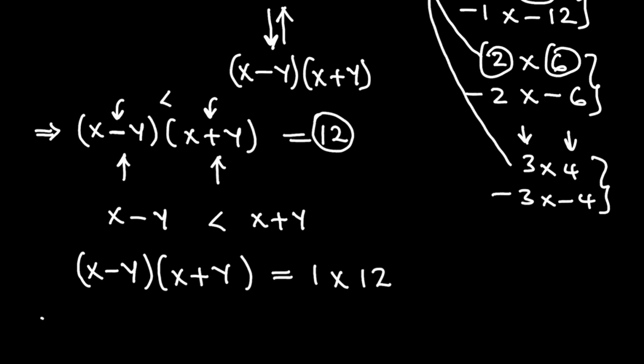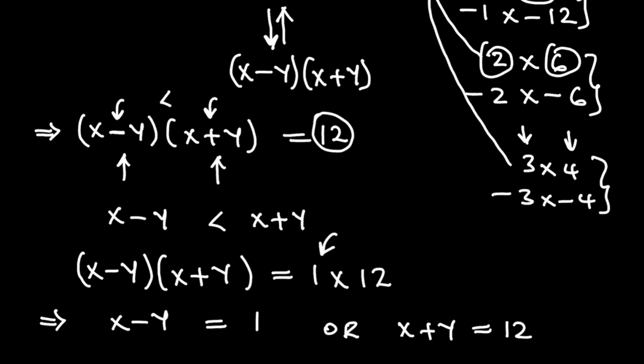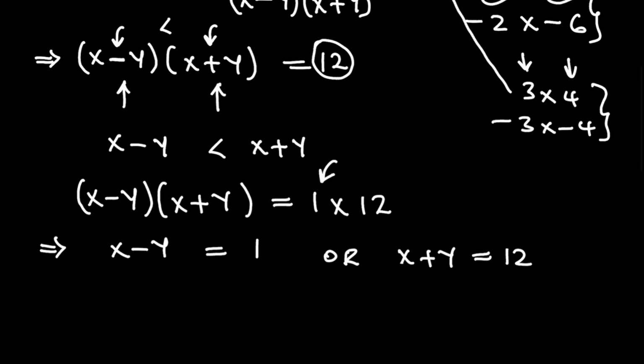So like we said, this will imply that x minus y is equal to 1, or x plus y is equal to 12. So for this first combination of factors, let us solve for x and y. This first one, I'll call it equation 1. This second one, let's call it equation 2.